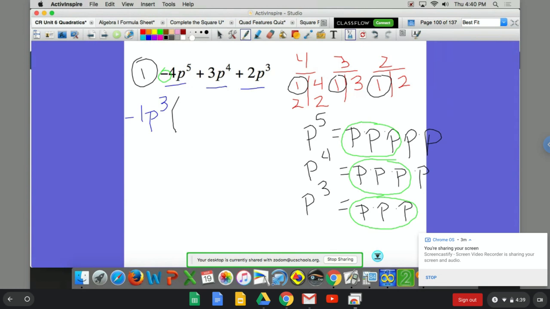So now, negative 1p to the 3rd times what will give me negative 4p to the 5th? Well, we know we're going to have a 4, and then we already have 3 p's, so how many p's are we missing? And that is 2.